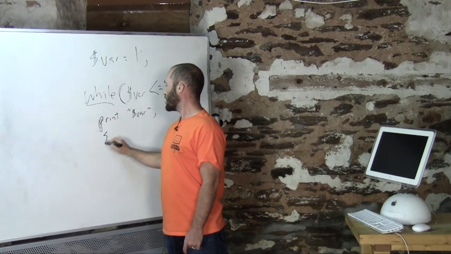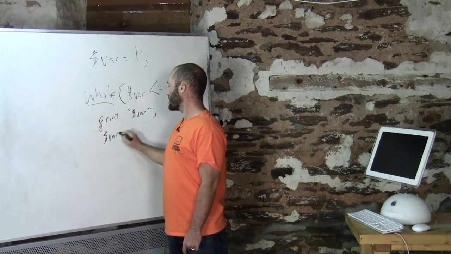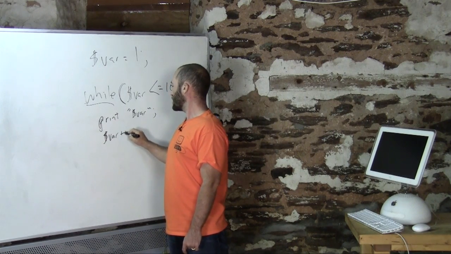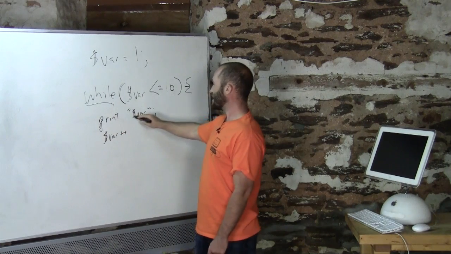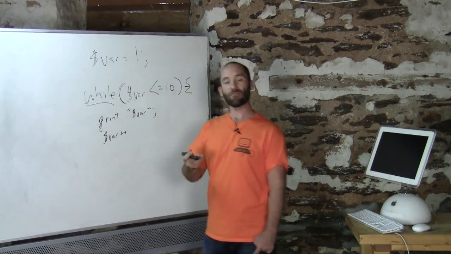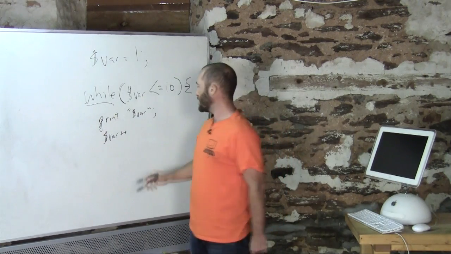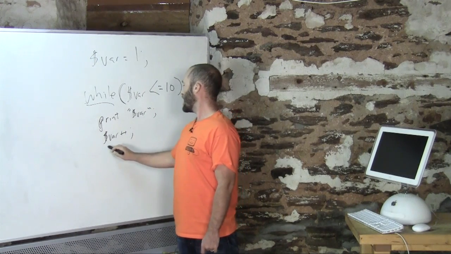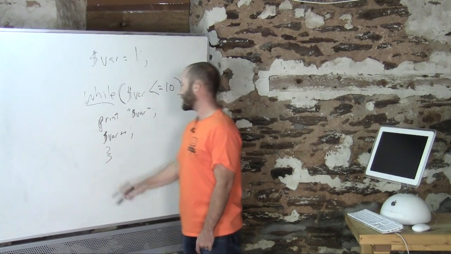Then what we're going to do is we're going to say var plus plus. And so after it's printed the value of var, it then will auto increment the value of var by 1, and then you do semicolon, and then you close the squiggly brackets.